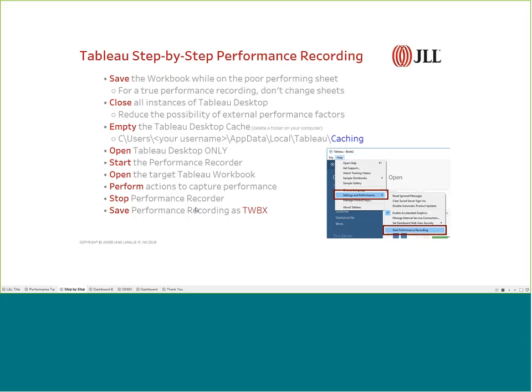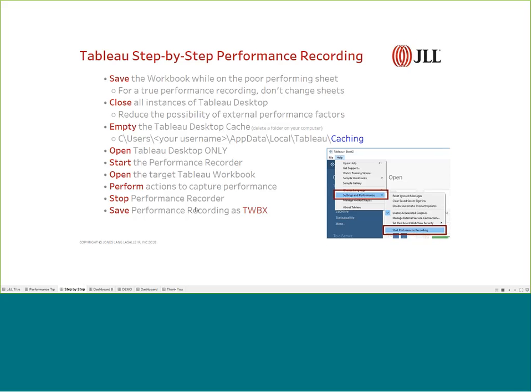Prior to Tableau 10.1, I think, when you saved the performance recorder, by default, it saved it as a TWB and not a TWBX. And for those of you who may not be aware of what that is, a TWB is a Tableau workbook where the data and all the external files are external to the TWB.